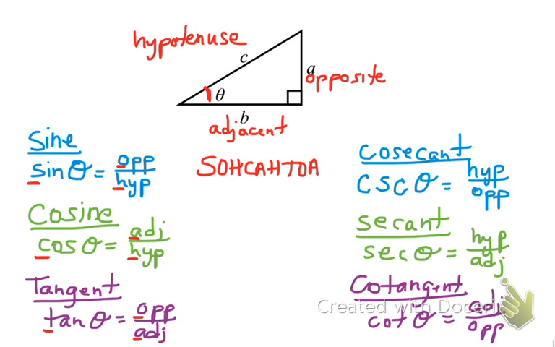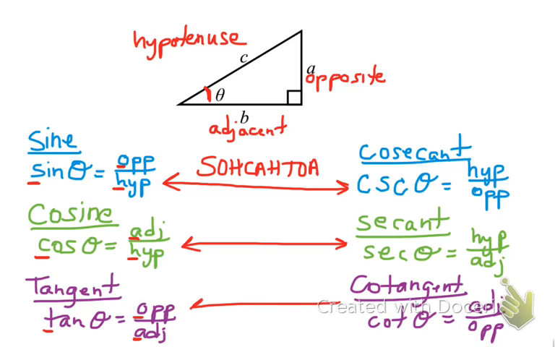If you haven't noticed by my clever color coding, the cosecant and the sine functions go together. The secant and the cosine go together. And the cotangent and the tangent go together. By go together, I mean they are defined using the same side lengths, but they're reciprocals of each other.